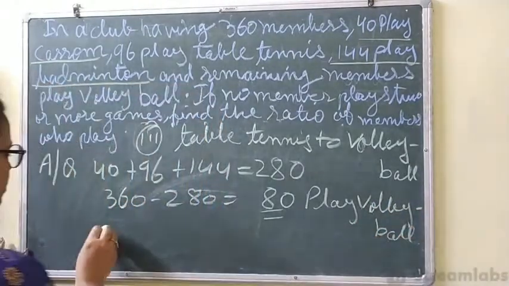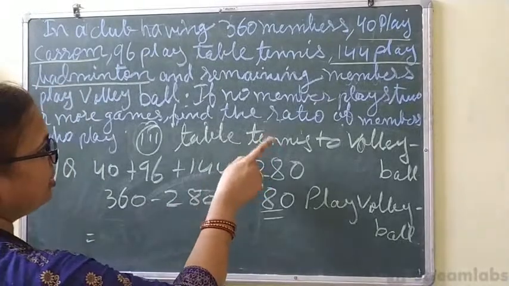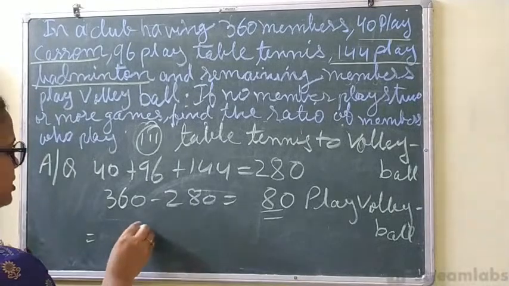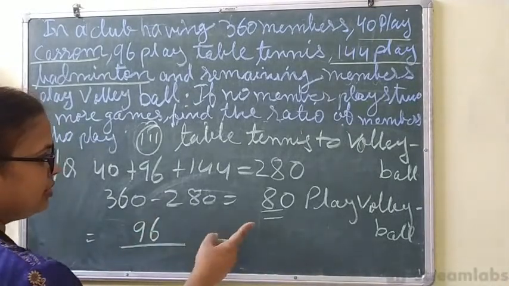Okay, so now what we have to do? We have to find out the ratio. Table tennis is 96 divided by 80.